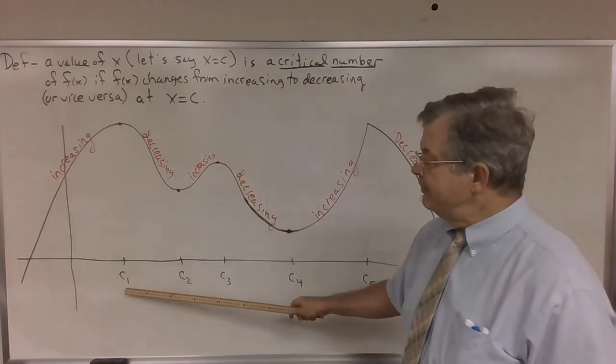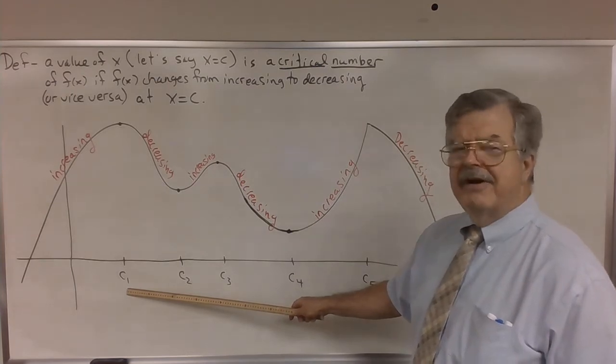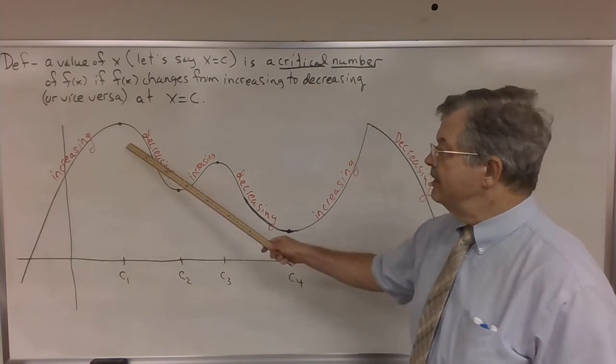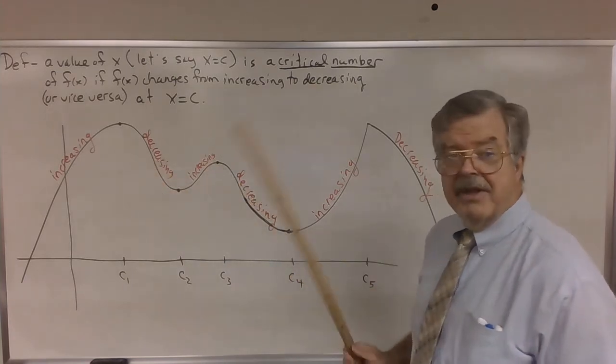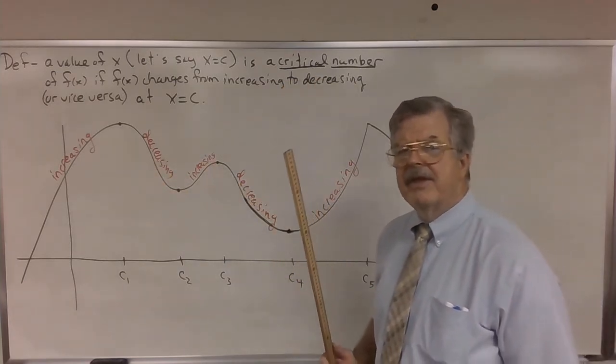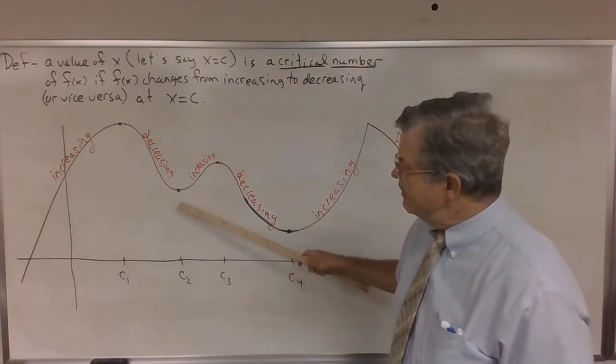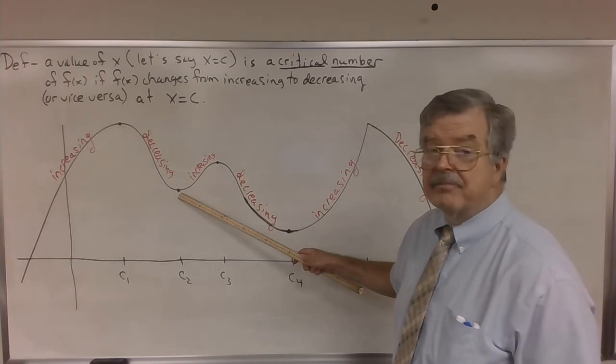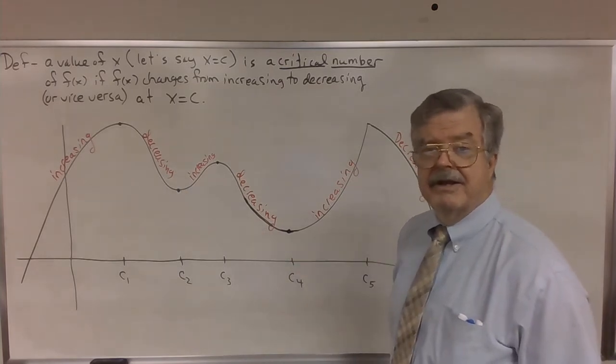So if at the point x equals c the function changes from increasing to decreasing or decreasing to increasing, we have a critical number right there.